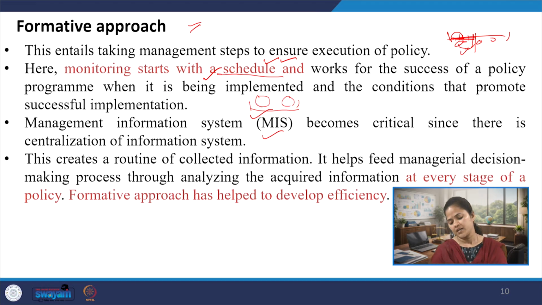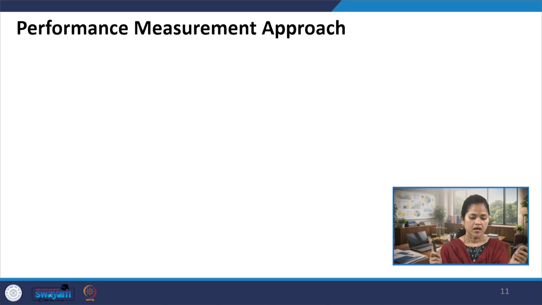That is the reason, in today's world, we can emphasize this formative approach as one of the policy monitoring approaches once the policy is implemented. The last approach that we will be discussing today is the performance measurement approach.